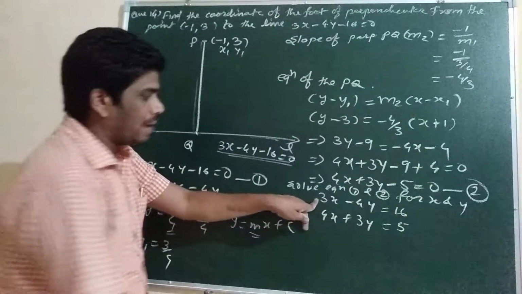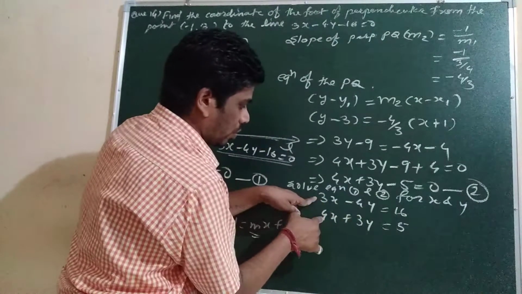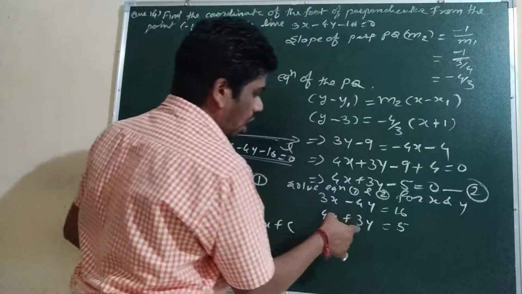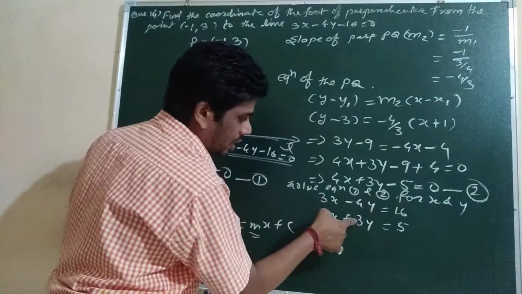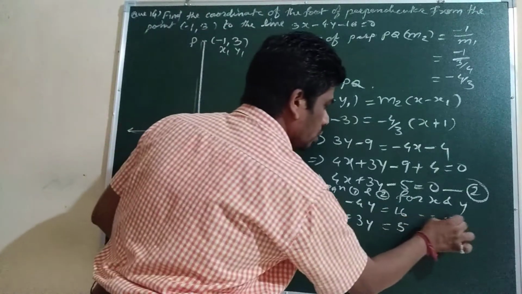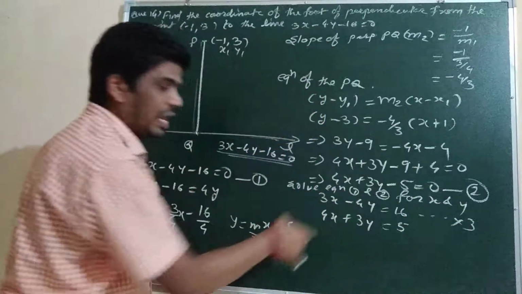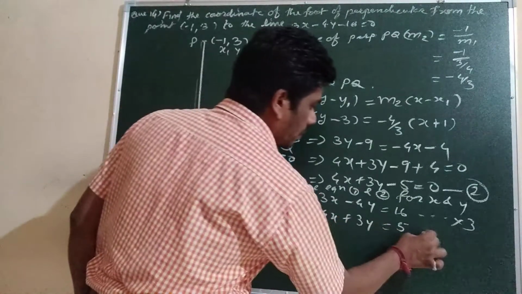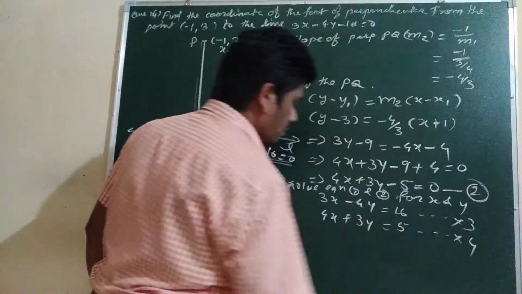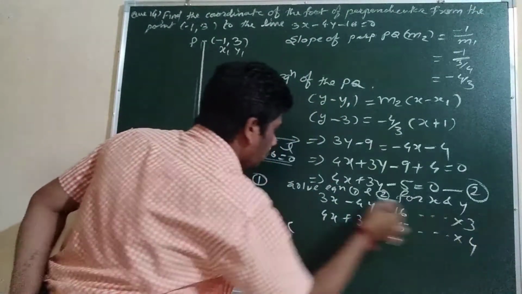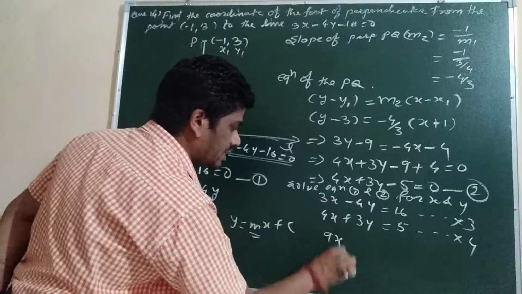Here we will multiply the first equation by 3, and the second equation by 4, so we eliminate y. So it will be 3 threes are 9x.